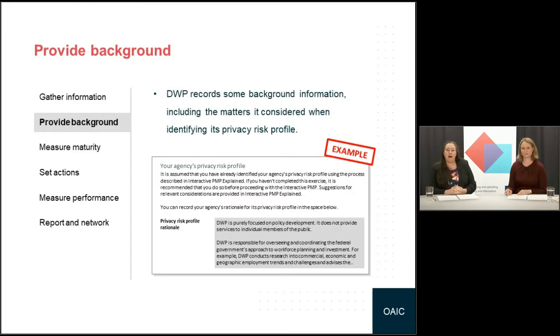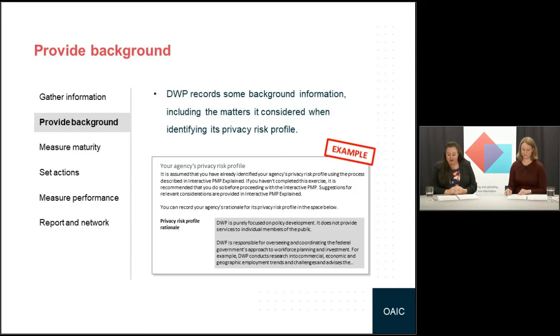After gathering the background information, DWP uses the PMP tool to record the rationale for its privacy risk profile. It's up to you and your agency to decide how much information to record here. Whatever you enter will be included in the PMP created once you have completed the tool process.